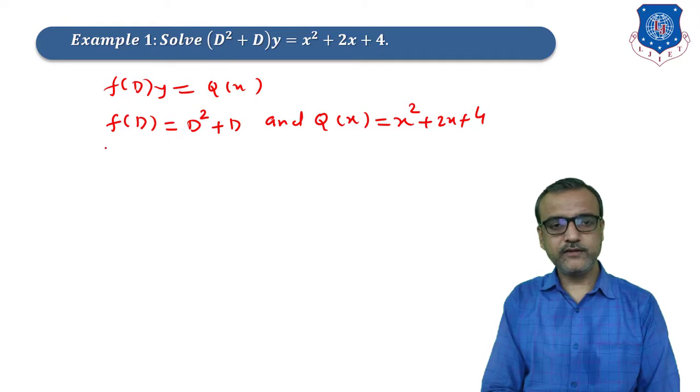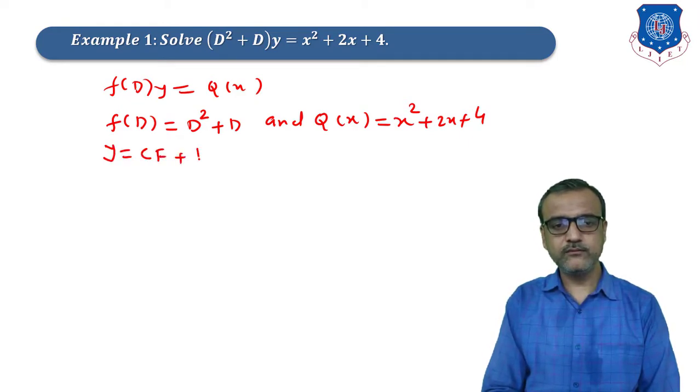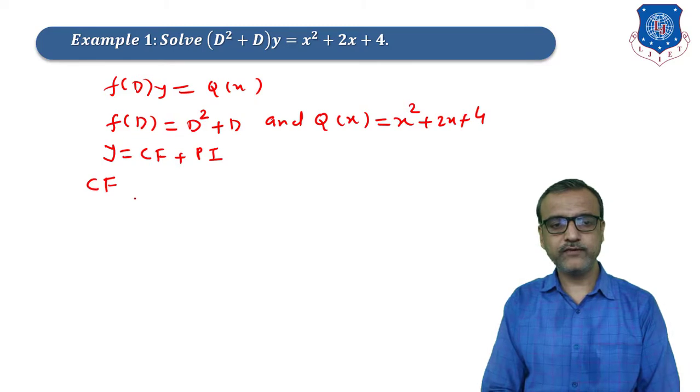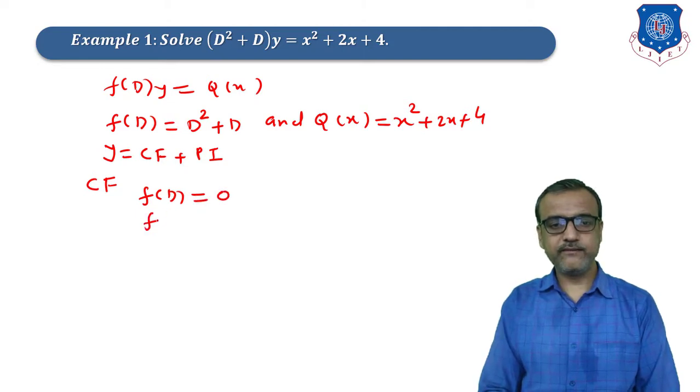Now the general solution is given by this formula, that is y equals CF plus PI. First of all, we will find out CF, that is the complementary function, and to find CF we will write f of D equals 0, and we will replace D by m to get the auxiliary equation. So we have f of m equals 0. Now in f of D, that is D square plus D, we will replace D by m.